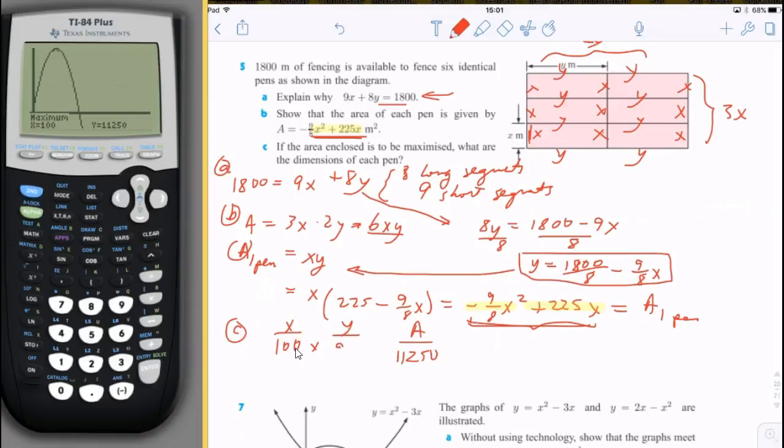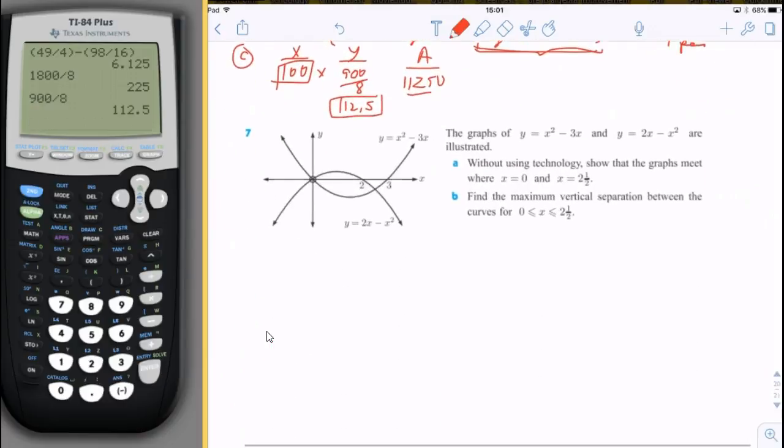So actually the value for y is 900 divided by 8, which is 112.5. So the dimensions of the pen would be 100 and 112.5, and the area of the pen would be 11,250.